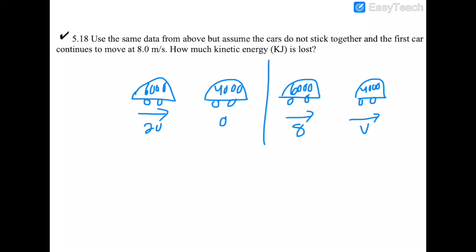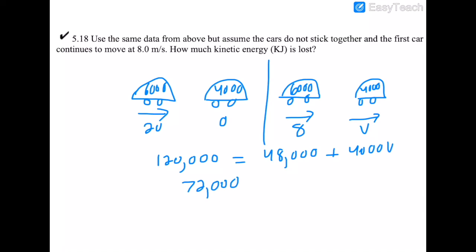So again, we had 120,000 total before, and afterwards we had 6,000 times 8, which is 48,000, plus 4,000 V. So 120,000 minus 48,000 is 72,000, and that equals 4,000 V. So 72,000 divided by 4,000.